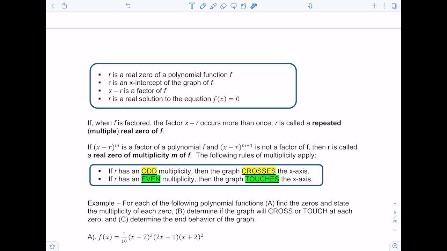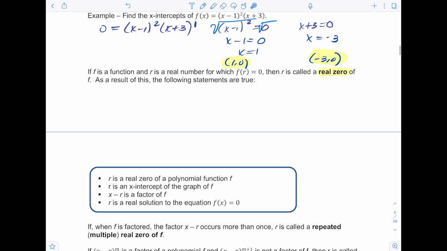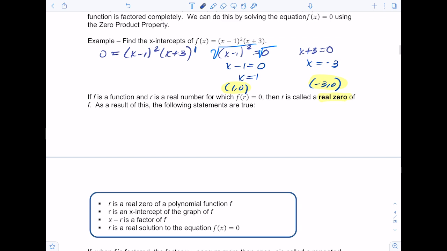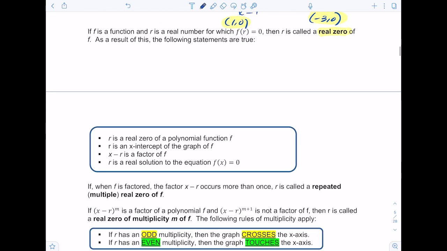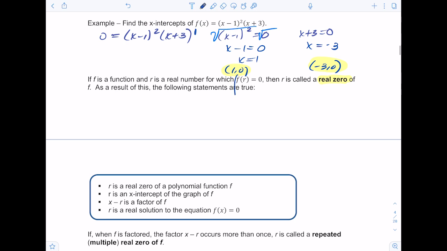So if r has an odd multiplicity, the graph is going to cross the x-axis. If it's even multiplicity, the graph will touch the x-axis. So what that means is, right here, since this is an even multiplicity, if I was to graph this, it tells me that even multiplicities touch the x-axis. So when we look at the graph, we're going to see the graph touch the x-axis at 1, but it's not going to pass through it.